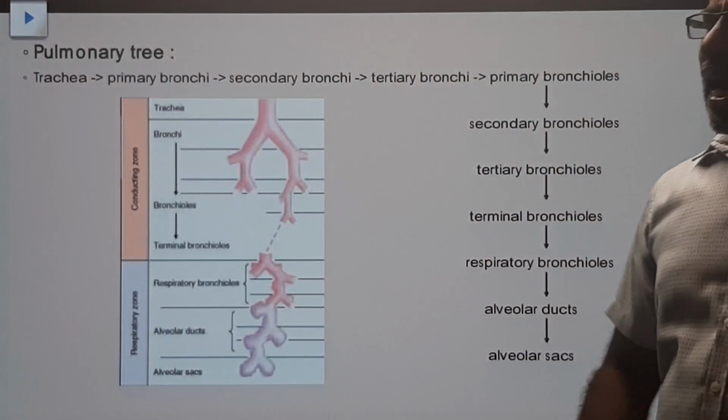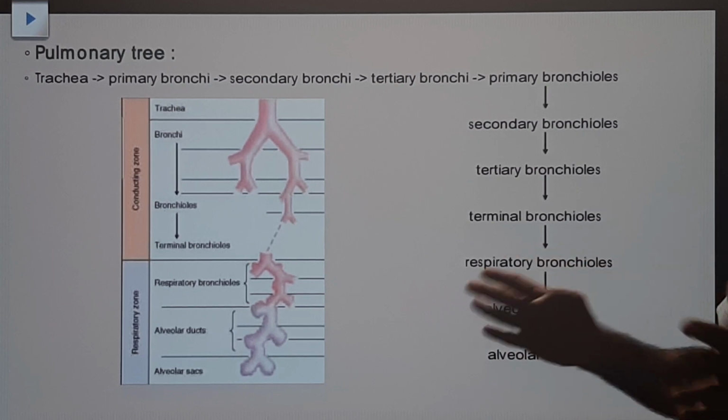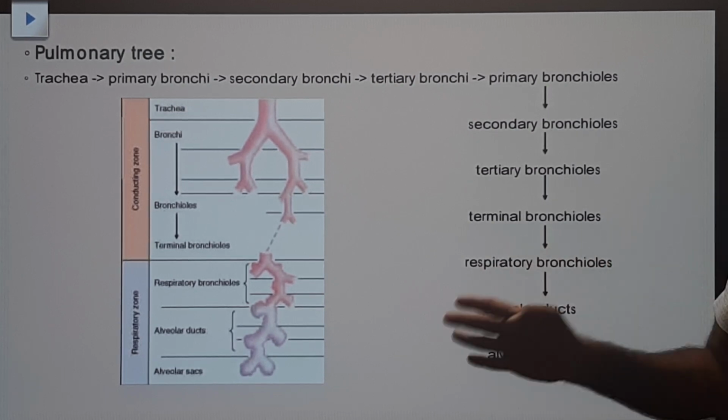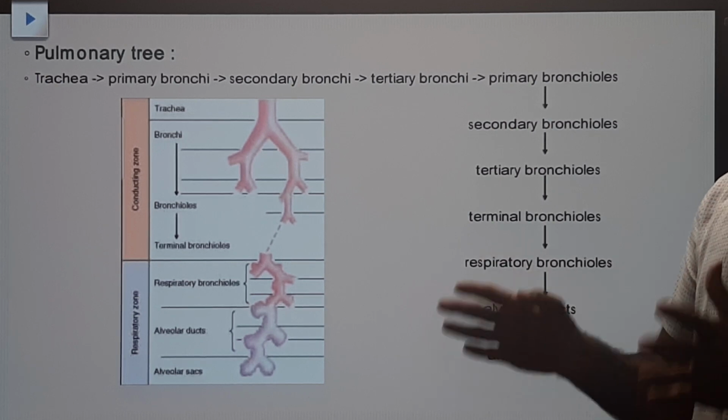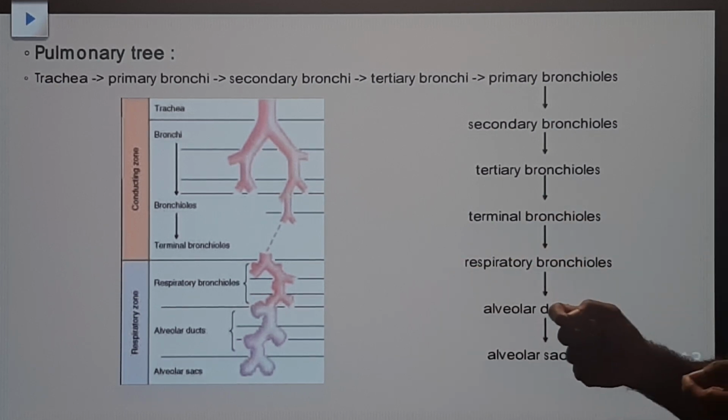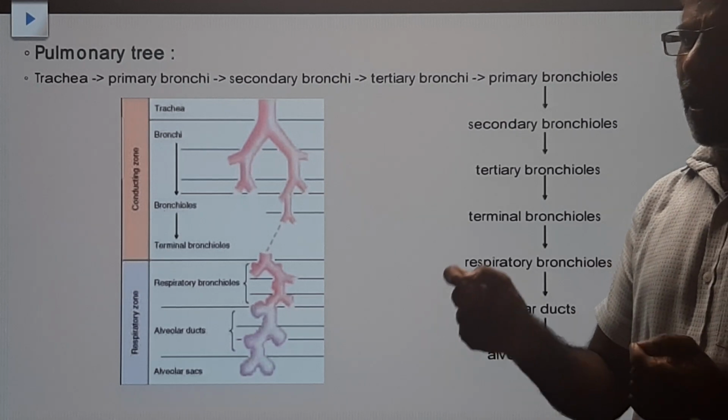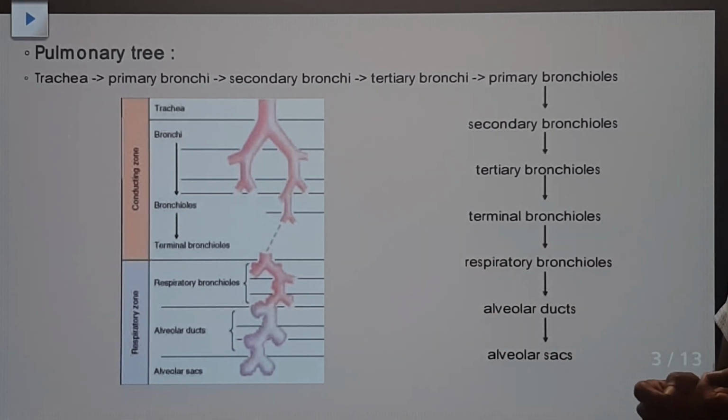In the previous class, we discussed up to bronchioles. Already we have mentioned the word pulmonary tree or respiratory tree. What is called the pulmonary tree?